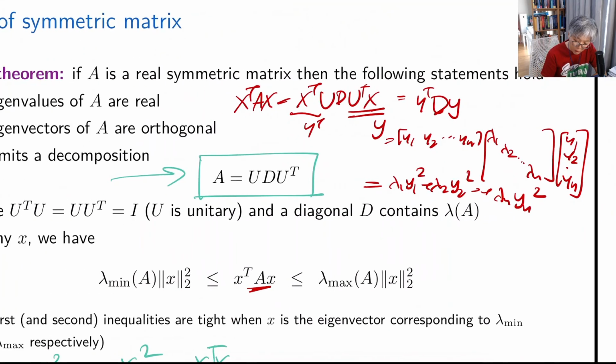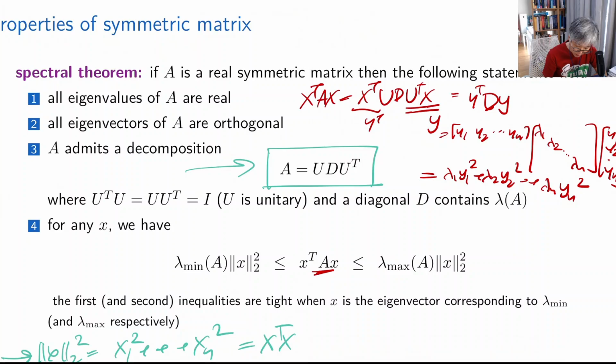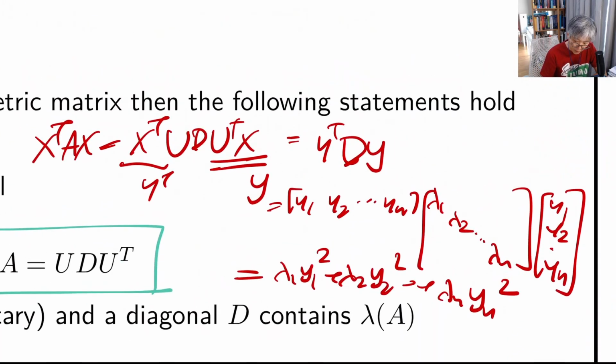Okay. Now we're gonna exploit the property of the matrix U, that it has a nice property that U transpose U equals I, right? We're gonna assign its name later; we call it unitary or orthogonal. Okay. So let's talk about the norm of Y, which is Y transpose Y, right?